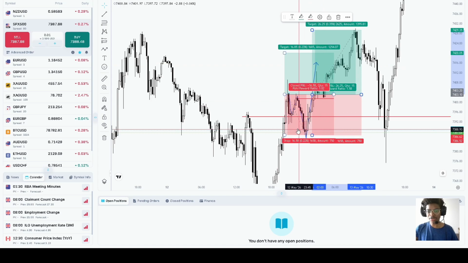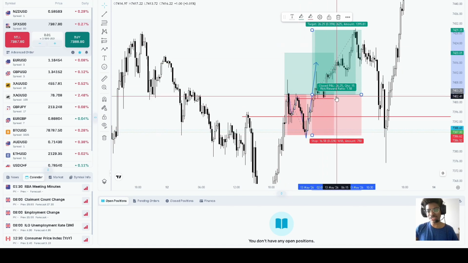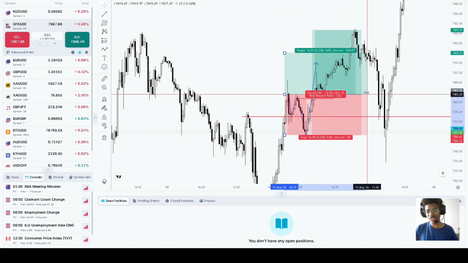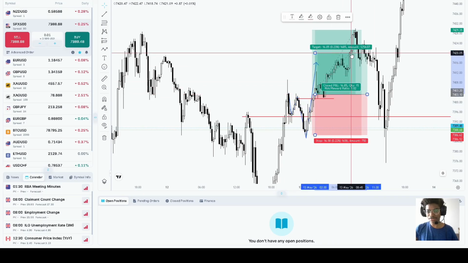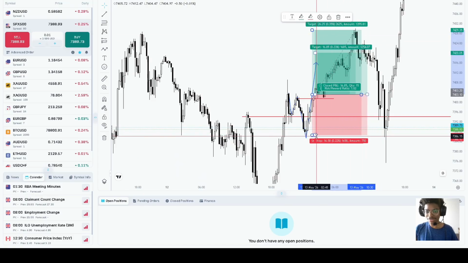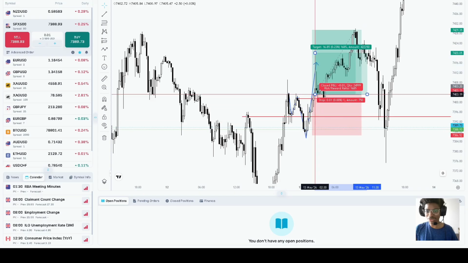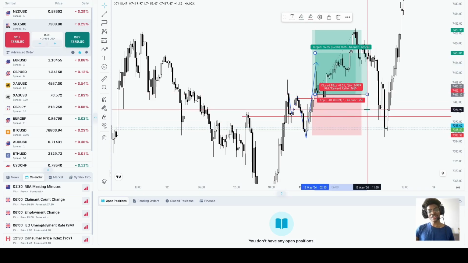So now this is what will happen. When the price hits this one, it takes profit here. When this one hits take profit, it is complete. You move the stop loss of the other one to break even, guys. Very important. Are you getting me?